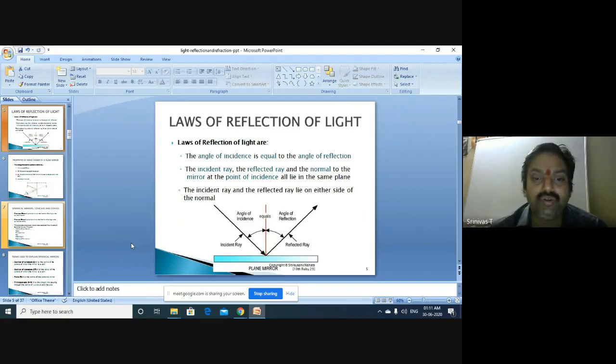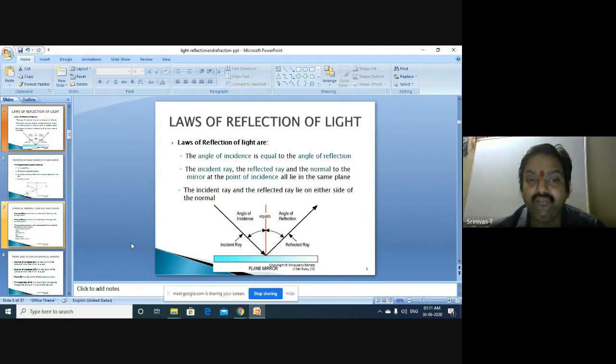First, the angle of incidence is equal to the angle of reflection. Mathematically, angle i is equal to angle r, for all angles of incidence between 0 degrees and 90 degrees, that is acute angles.